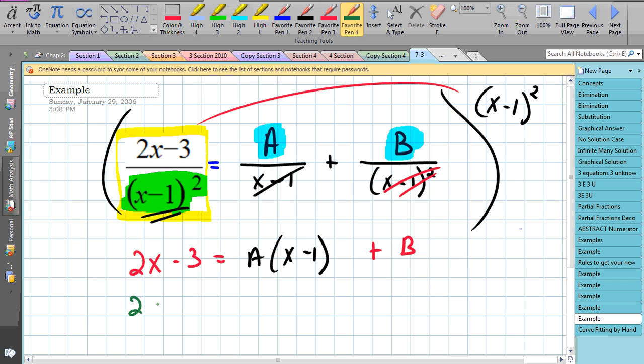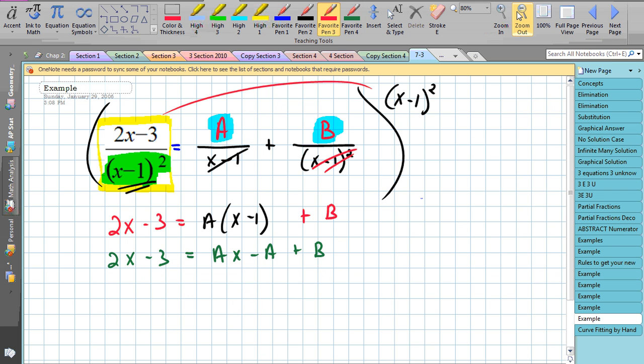So what I'm going to do now is try to clean up the mess over here and organize it in such a way, I like to call it the match game. So I notice this is the only one with an x over here, so I'm going to write it by itself.